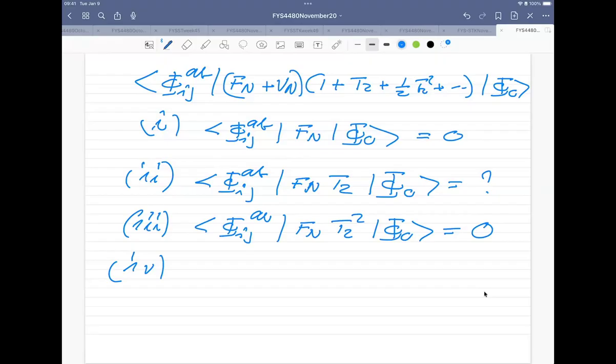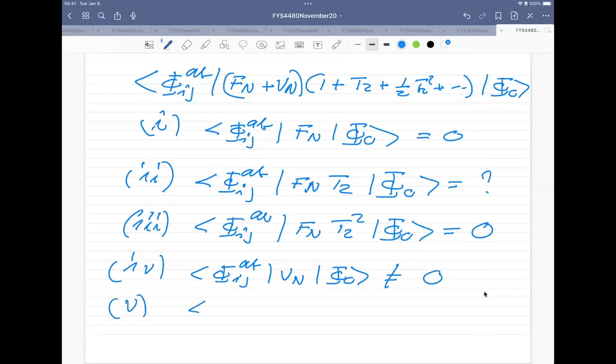That's pretty obvious. If we now look at the next term, when we have IJ, AB, and then we have the term V of n of phi 0. That's non-zero. So we just put non-zero here.